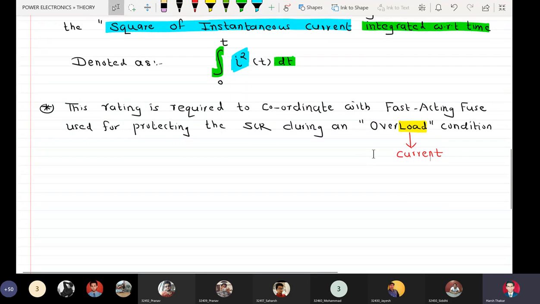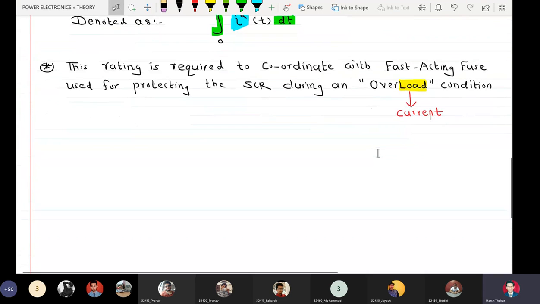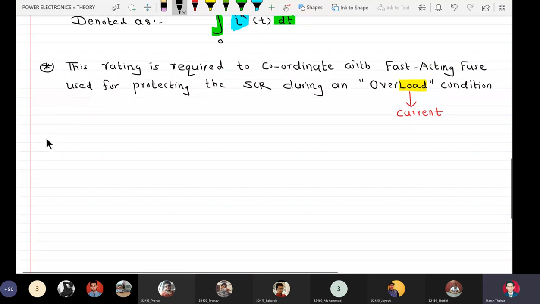Overload condition and overcurrent condition mean the same, but we should understand that in electronics, the word load actually means current. So this rating is required to coordinate with the fast acting fuse used for protecting the SCR during an overload condition.